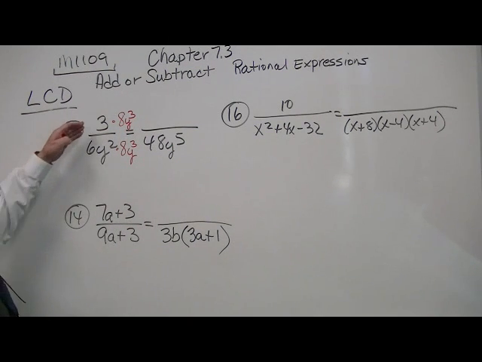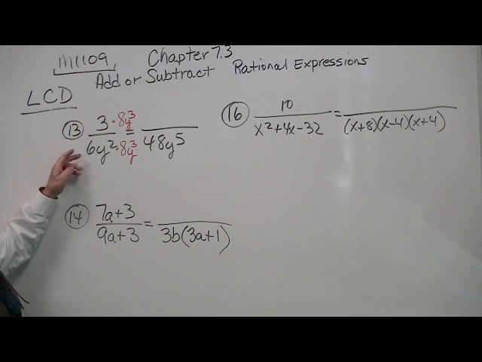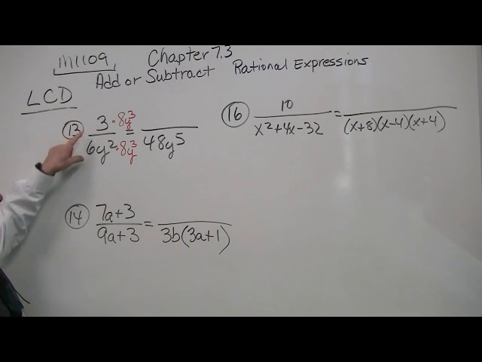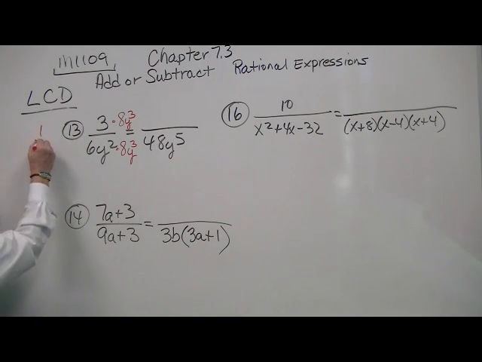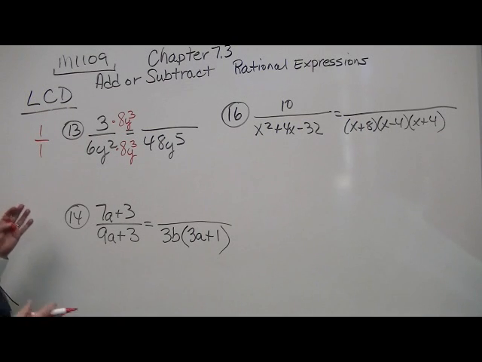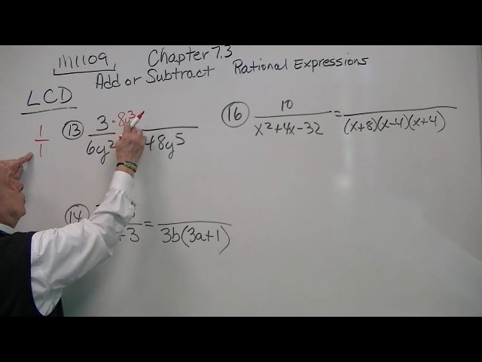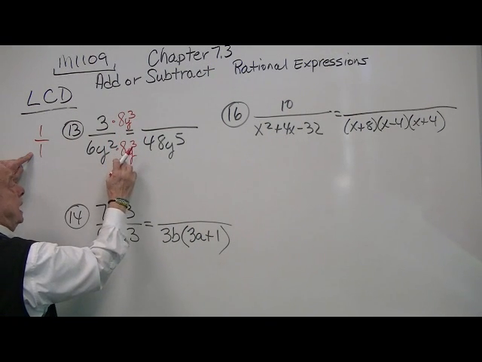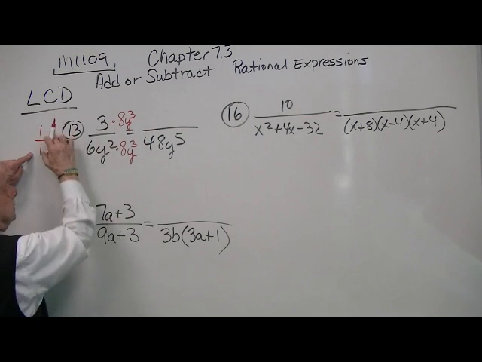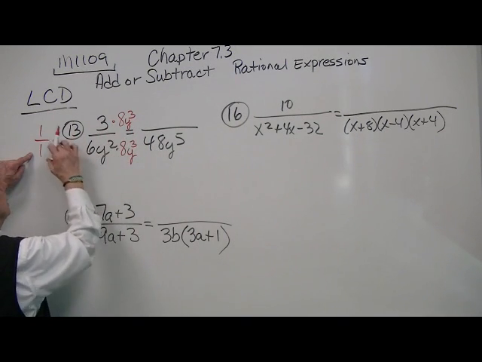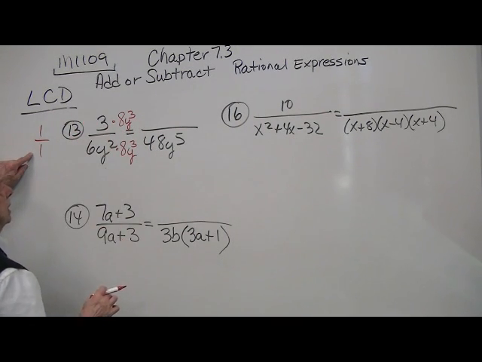So I'm going to multiply this original fraction by 1 over 1. That doesn't change its value. But the 1 will be in the form of 8y to the 3rd over 8y to the 3rd. This is 1. I'm allowed to multiply by 1.